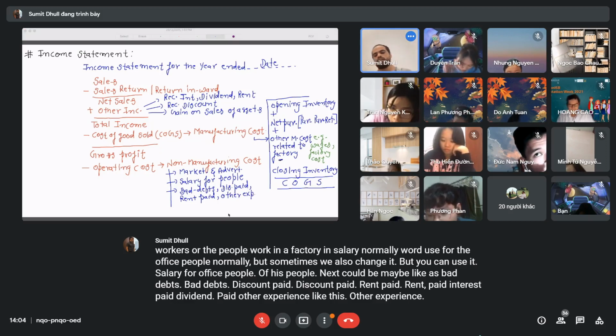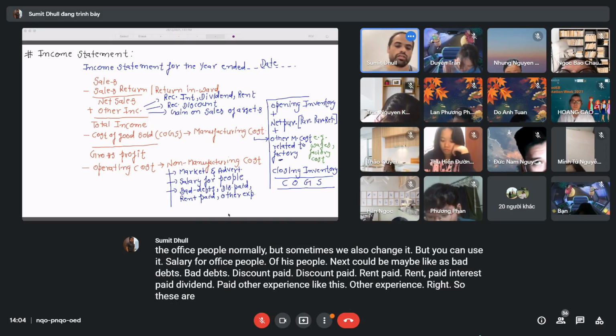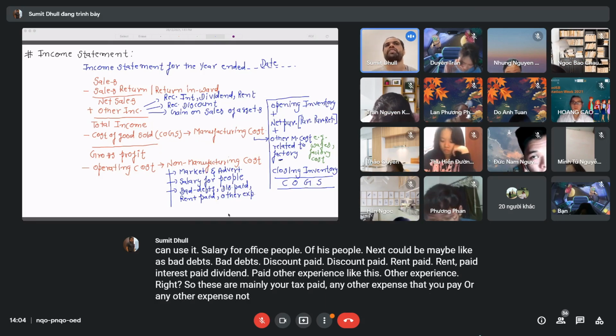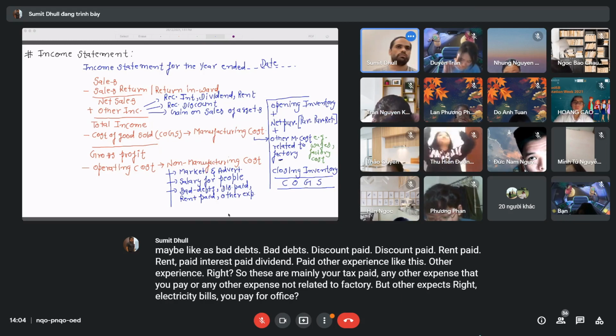So these are mainly your tax paid, any other expense that you pay, not related to the factory. Electricity bills you pay for the office.